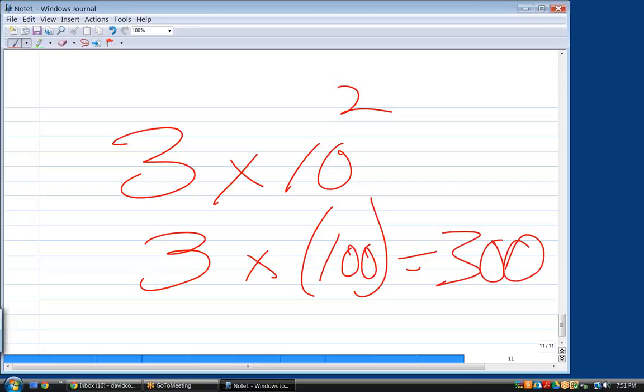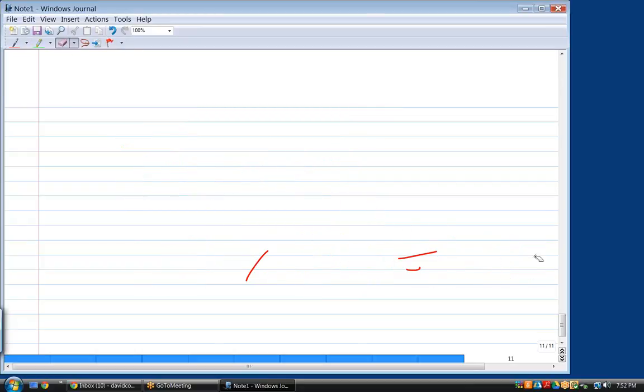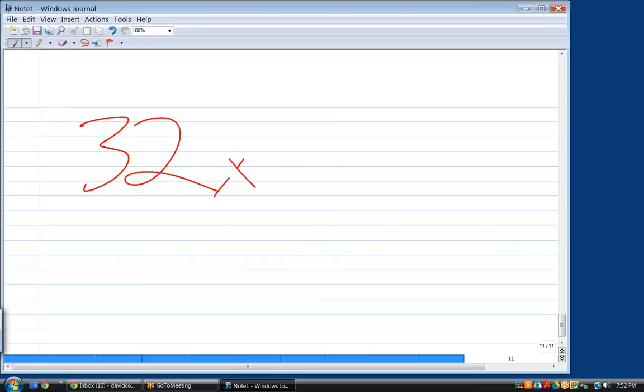That's all that scientific notation means. Now what if I said 32 times 10 to the power of 1? Then it's just 10. It's just 320. Exactly.